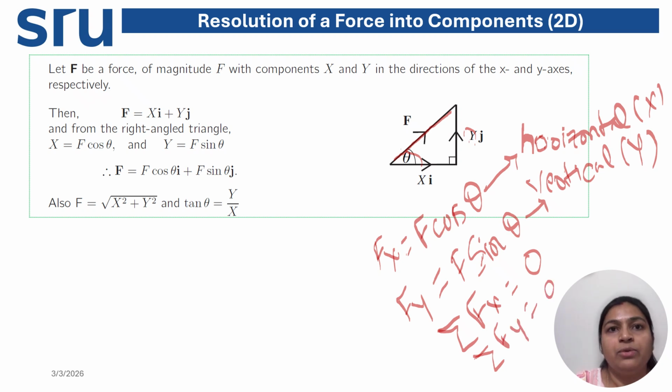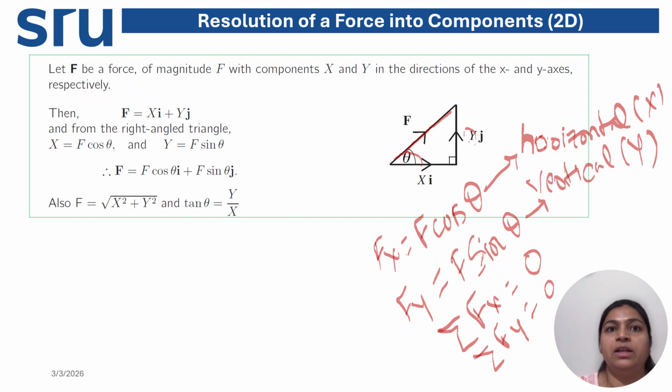Now we will see step by step how we can resolve a force and split it component-wise. First, draw the given force vector, here represented by F, then draw the x and y axes, then identify the angle, and complete the triangle.